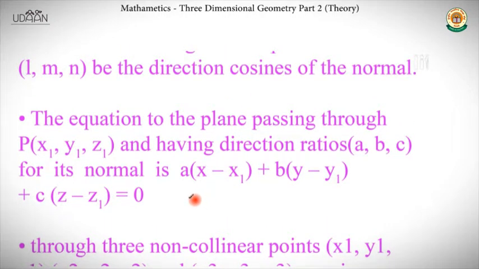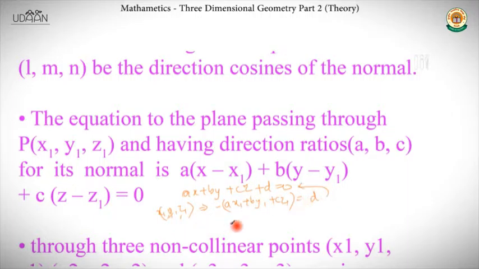Now see, the general equation of a plane is Ax plus By plus Cz plus D equal to 0. x1, y1, z1 lies on it, implies ax1 plus by1 plus cz1, minus of this, equal to D. Now we would have the equation of the plane.